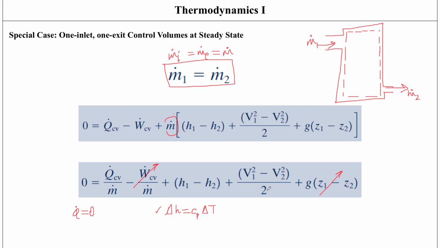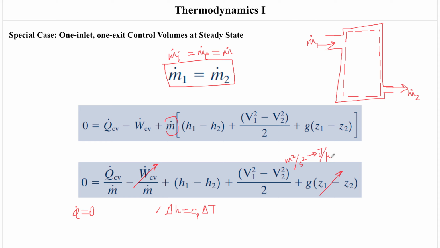And also, we have to account for the units over here, because this is going to be in meters squared per second squared, which is equivalent to joules per kilogram.